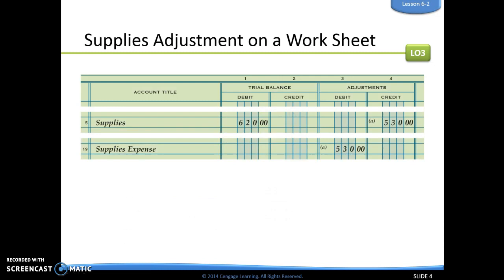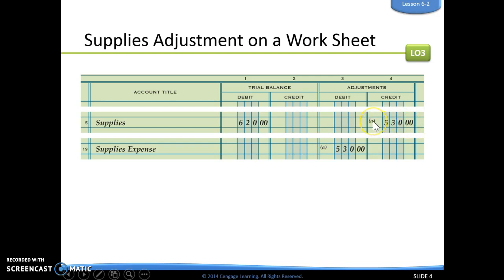Now, when we put that onto our worksheet, we filled in 6.1 this trial balance column, and now we're filling in these adjustment columns, the next two columns. Here we see on our trial balance that supplies was 620. We are crediting that account, so we're going to put that credit of 530 in the adjustment column.